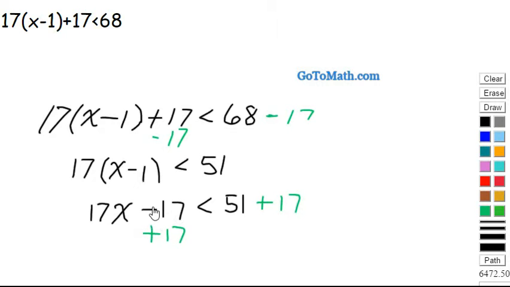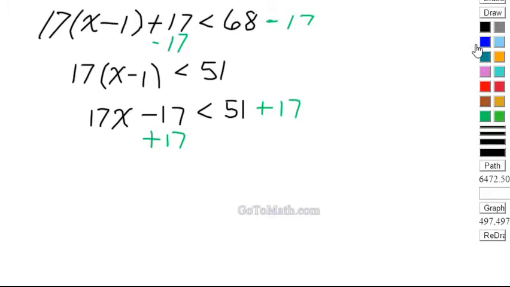After a while, you just look at this and take it to that side, and the sign changes. That's the fastest way to do that. And so now we have 17x is less than 68 on this side.